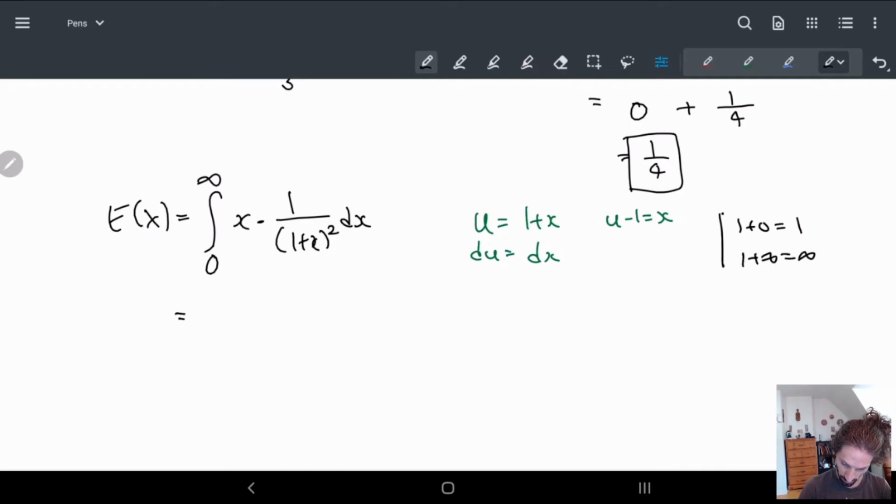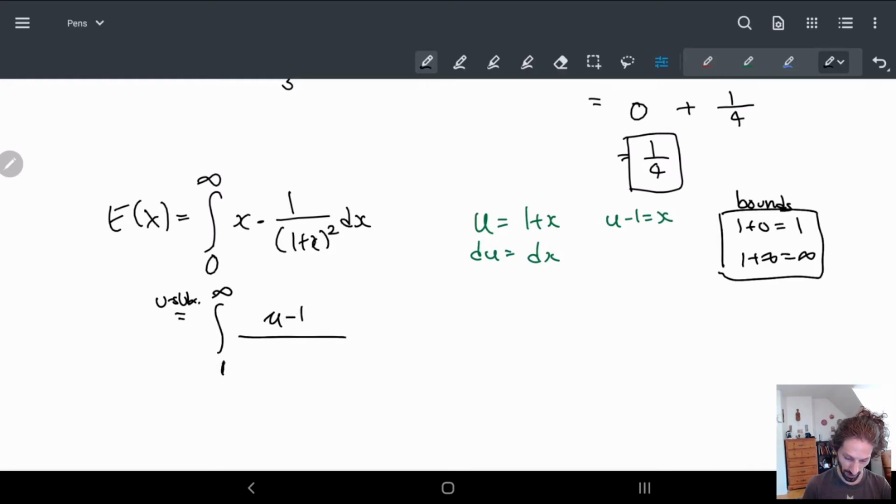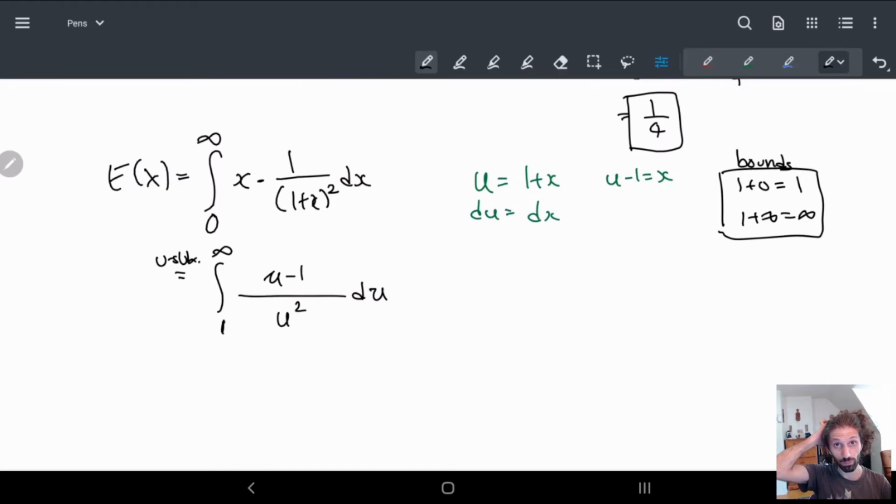So by u substitution, I get the integral from 1 to infinity. The x on top becomes u minus 1, the 1 plus x on the bottom becomes u squared, and dx becomes du.